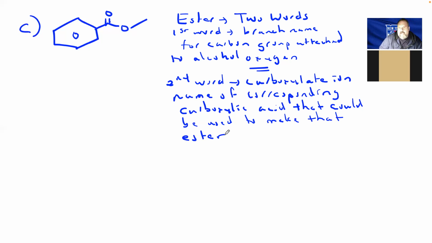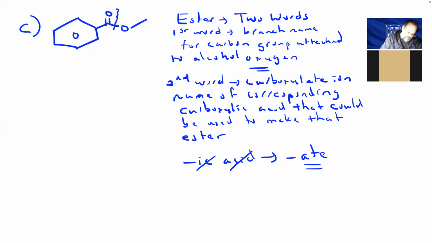Now, how do you name carboxylate ions? Well, essentially, take out the ic acid of the corresponding carboxylic acid name and replace it with ate. And we'll show you how that comes into play here.